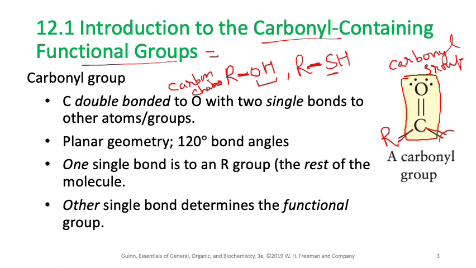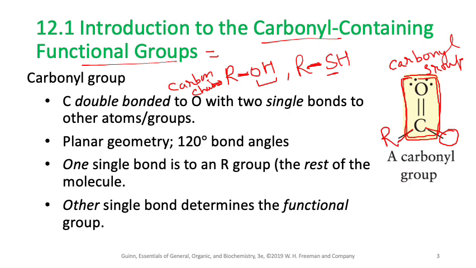The other bond can be attached to a single atom or a group of atoms, and because of the attachment of different types of atoms or groups of atoms, you will get different types of functional groups that we're going to talk about on the next slide, right? But in every functional group that we're going to talk about, this structure C double bond O is a common feature.